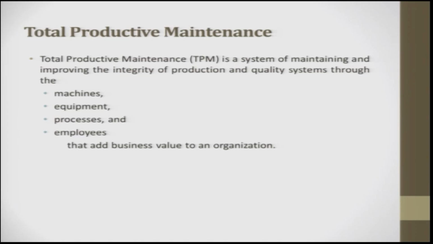So what is total productive maintenance? TPM, total productive maintenance, is a system of maintaining and improving the integrity of the production and the quality system through machines, equipment, process and employees that adds business value to the organization.